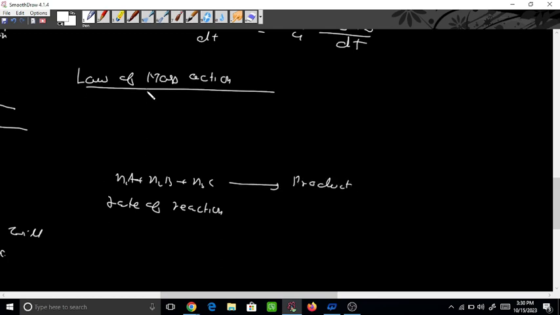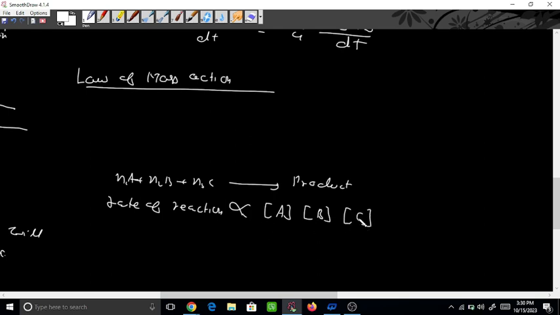The law of mass action says that the rate of reaction is directly proportional to the active mass of the reactants. So active mass here means concentration of A, concentration of B, and concentration of C. These are called active mass.